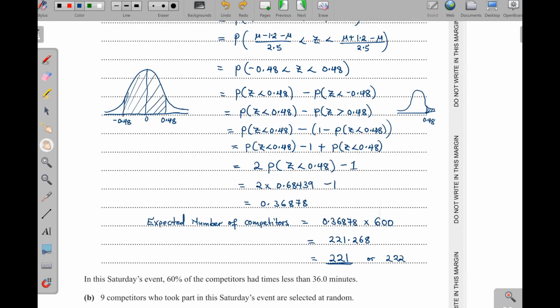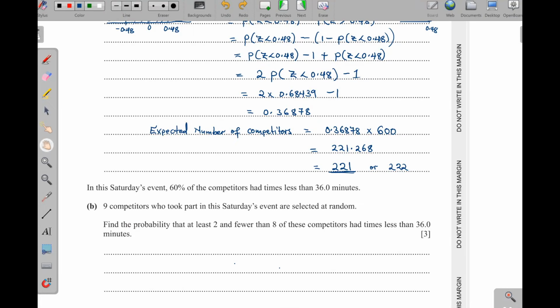Then, here they are saying, in this Saturday's event, 60% of the competitors had times less than 36 minutes. Part B, 9 competitors who took part in the Saturday's event are selected at random. Find the probability that at least 2 and fewer than 8 of these competitors had times less than 36 minutes.